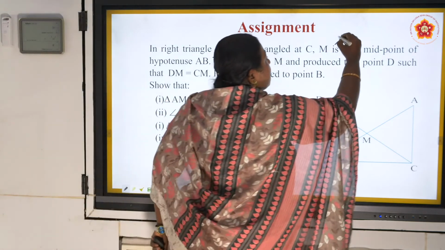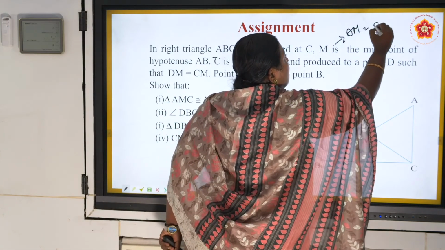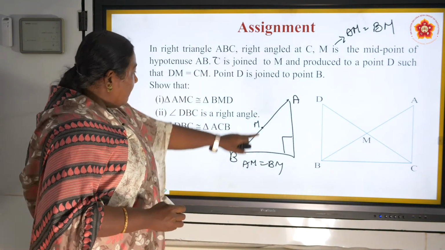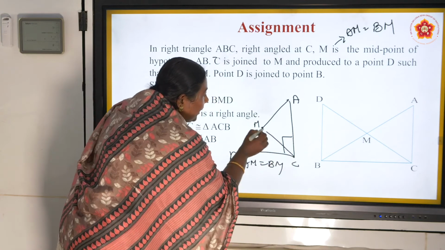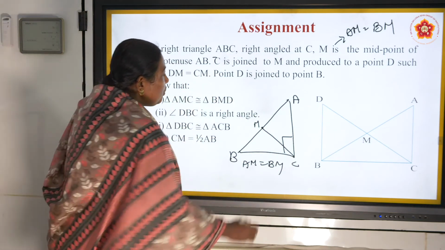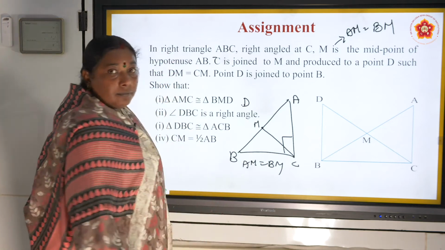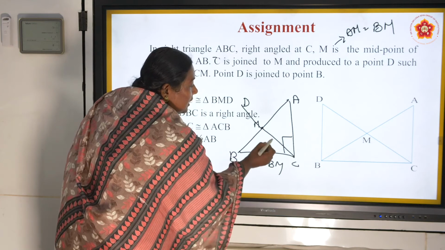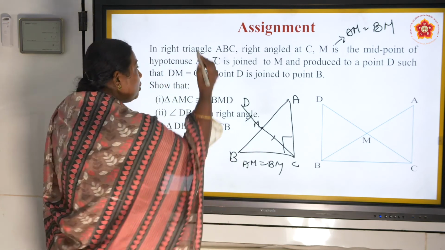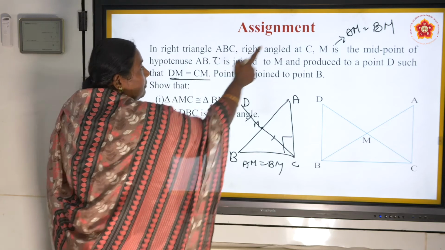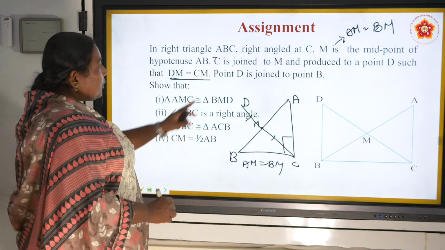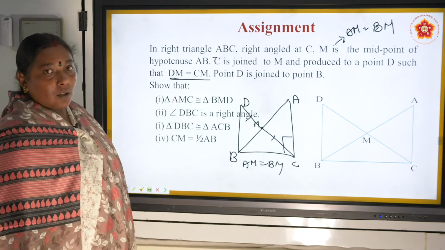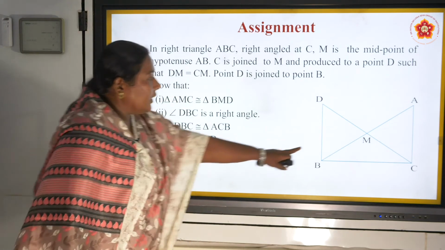Next, C is joined to M and produced to a point D, such that DM is equal to CM. So here we have two things, DM equals CM, and AM equals BM. Next, point D is joined to B. Okay, so that is what the figure shows.